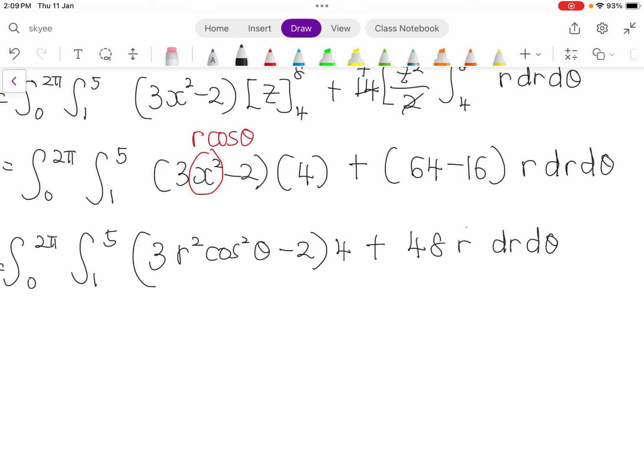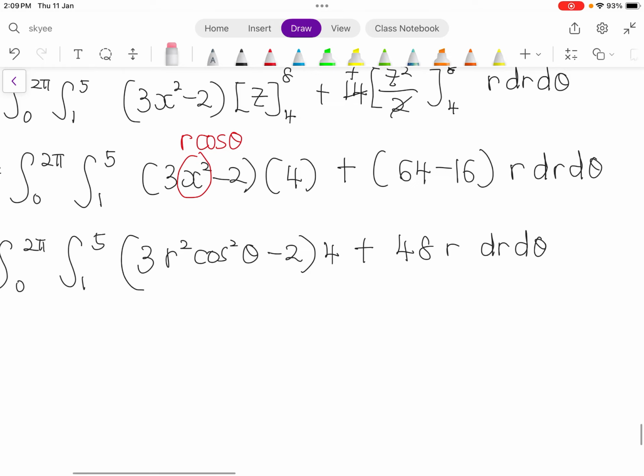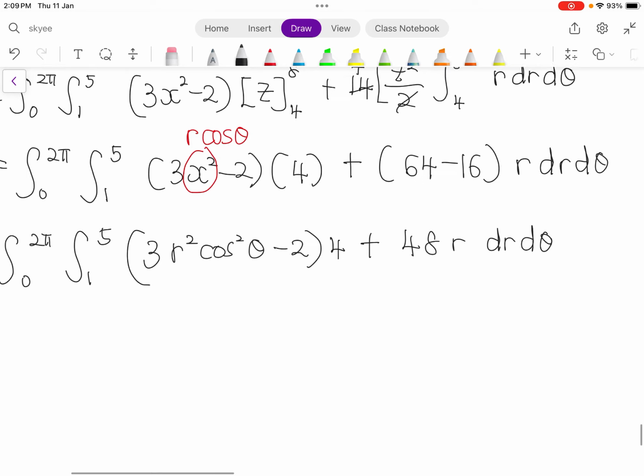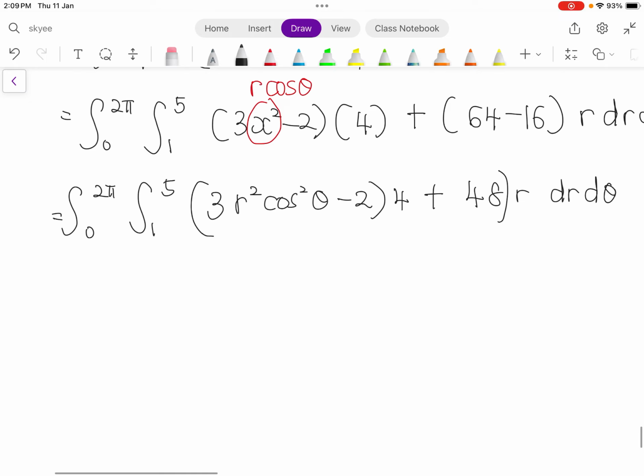Okay, so you need to perform the integrations. So I integrate for r. Oh no, you have the cos square, so you have to multiply them inside. So expand it again, you cannot press the calculator, so we have to expand again.